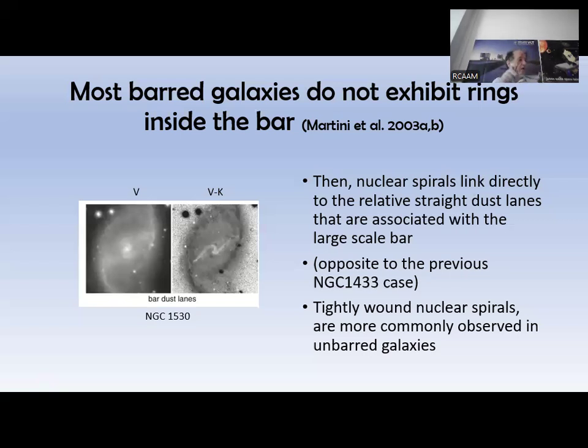I don't know how accurate this statistics is. We have both kinds of morphologies all the way down to the center. And another feature that they have classified, there were some tightly wound nuclear spirals, which have been observed mostly in galaxies that are classified as unbarred.